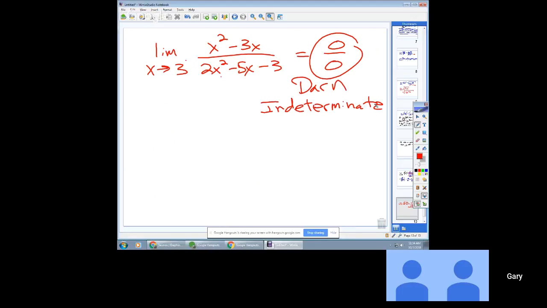If this is a test and you find out you get 0 over 0, don't just write indeterminate or leave 0 over 0, do something else. In this case, factoring was our next option.